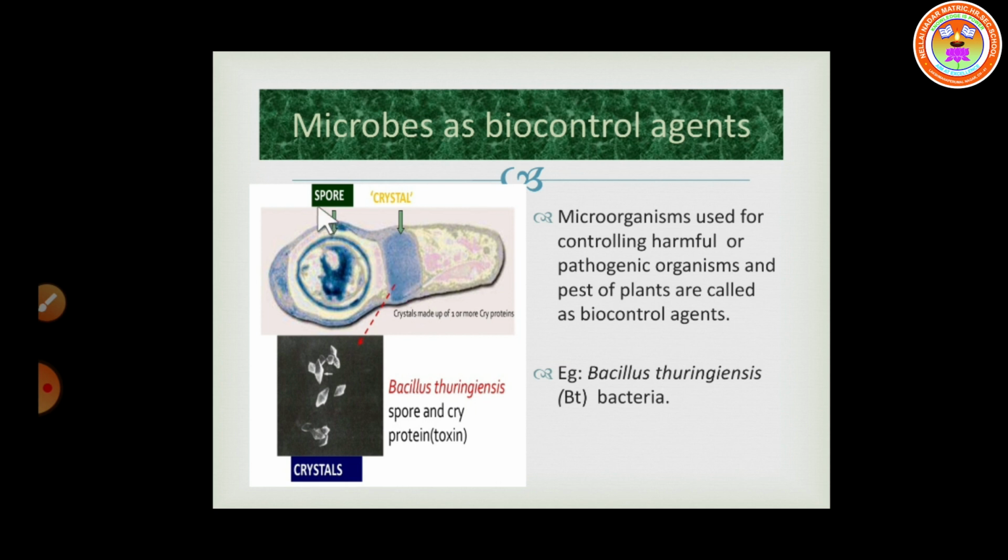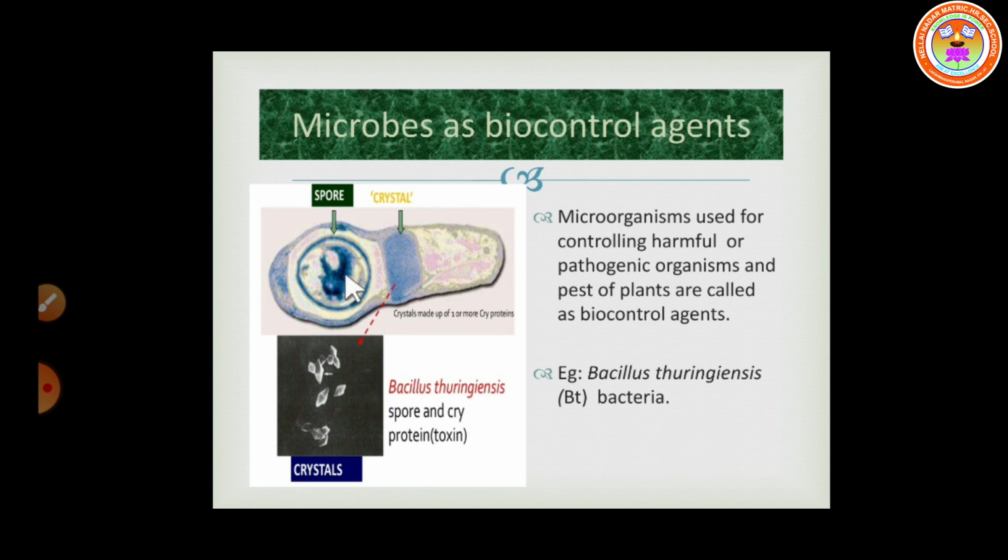The spores of Bacillus thuringiensis are available in a sachet, which are dissolved in water and sprayed on the plants infected with insect larvae. The spores of the Bt bacteria are easily available in the markets. It can be used against the pests and infections, which kills them.